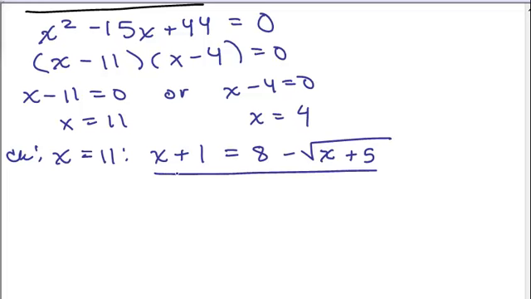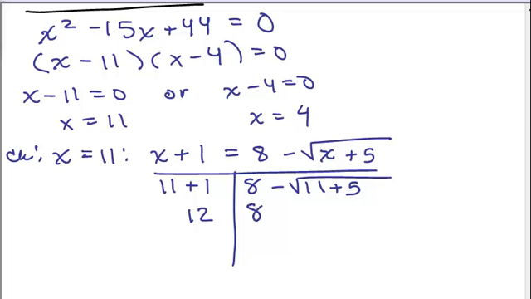So we're going to plug in 11 for x. So 11 plus 1 is 12. And then we're going to plug in 11 for x over here. 8 minus the square root of 16. 8 minus 4 is 4. So no, it does not check. That is not a solution.